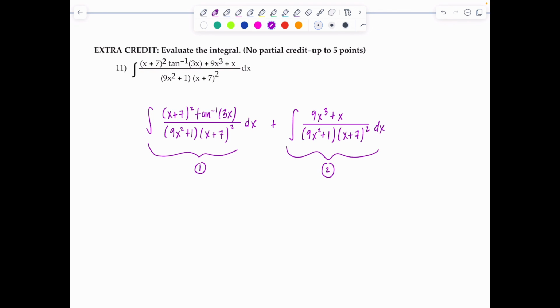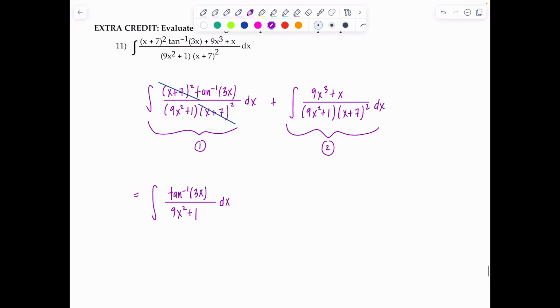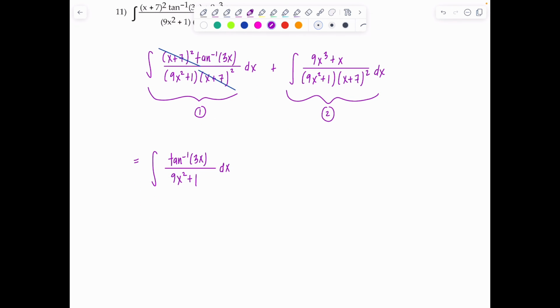Okay. Can you see already integral number 1? Some loveliness is going to happen. That x plus 7 squared cancels. Yay. And then you have integral tan inverse of 3x over 9x squared plus 1 dx. Do you see what to do? Just a u sub, yeah.